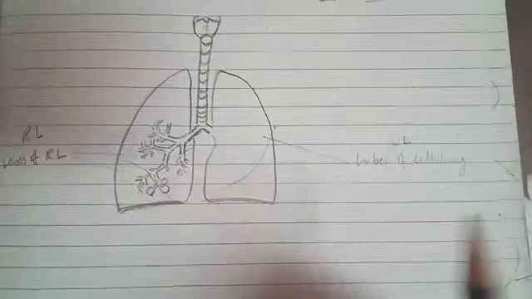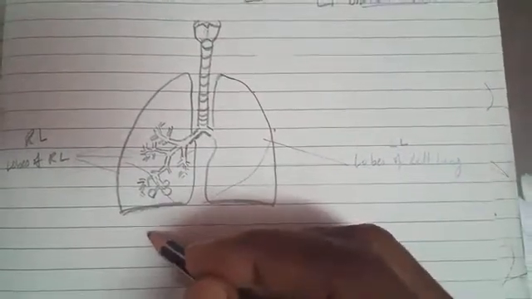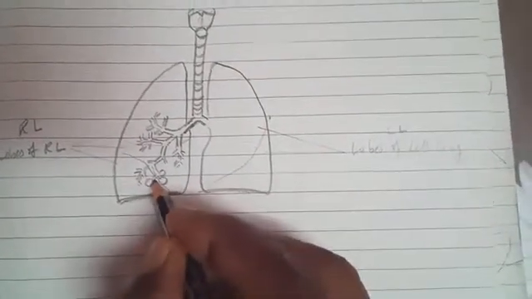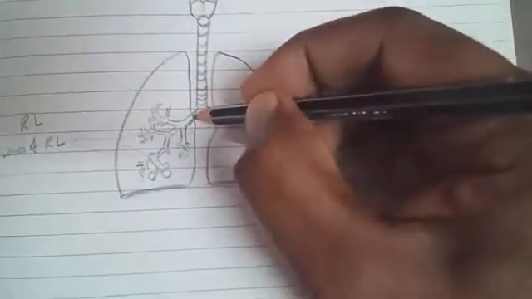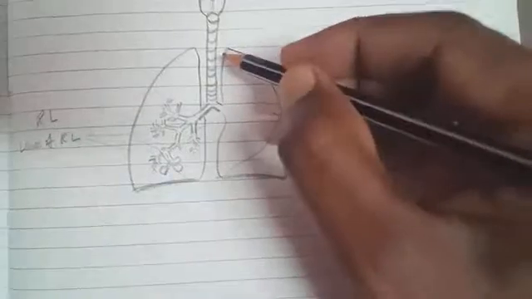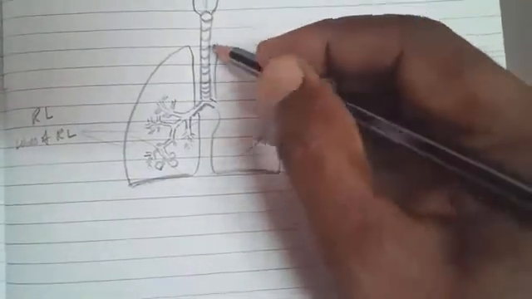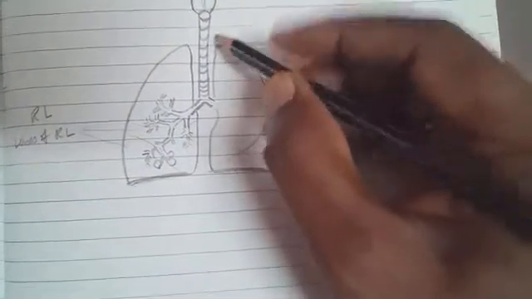Whatever number, you can show many branches like this, like a grape bunch. And finally, this is what we are mentioning here, the bronchial tree. So I will finish the diagram first, and later on we can mention all the parts.